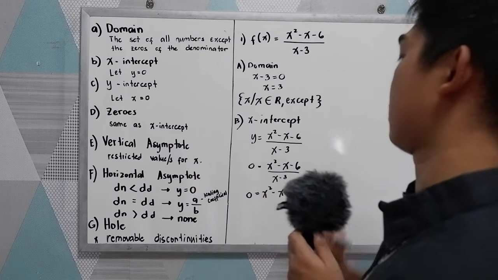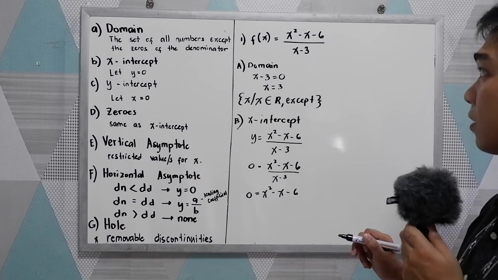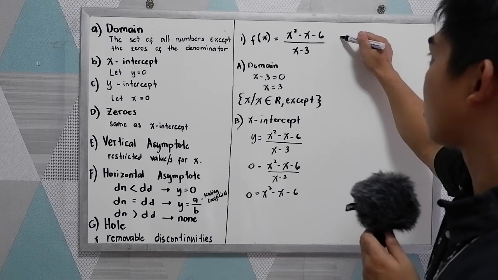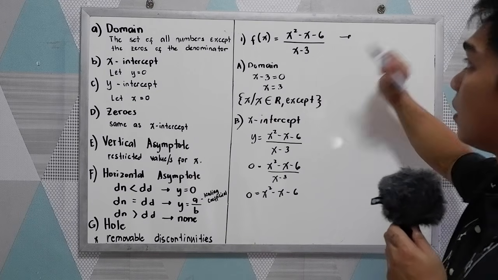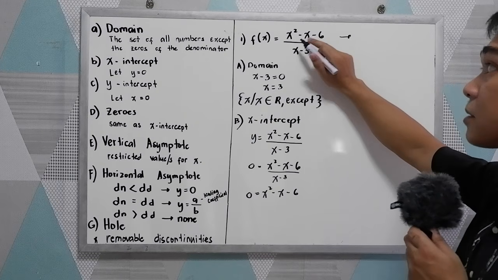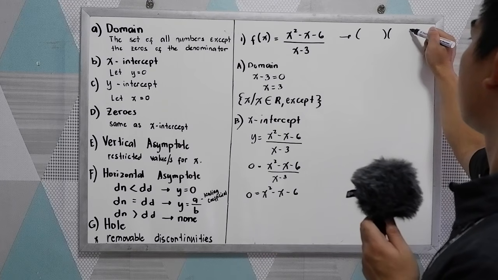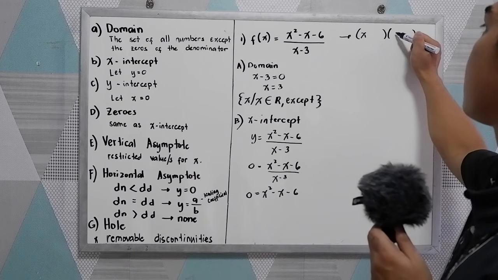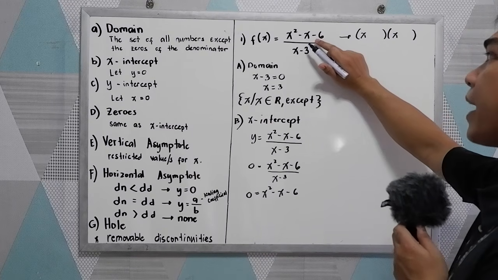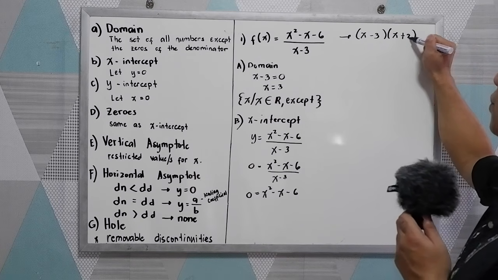Now let us factor x squared minus x minus 6. To get the factors, get the product of negative 6, the sum must be negative 1. So factoring a general trinomial, so x and x, factors of negative 6, we have negative 3 and positive 2.